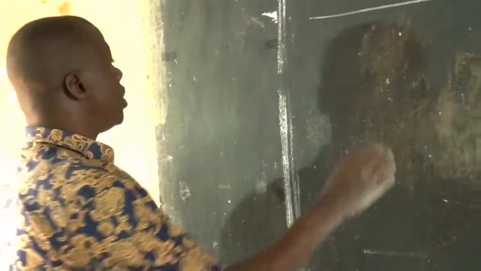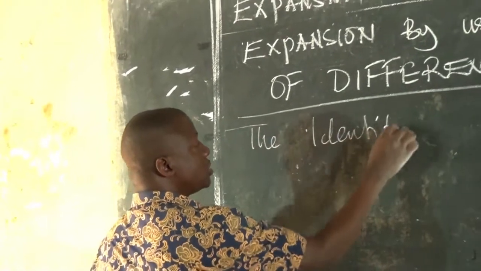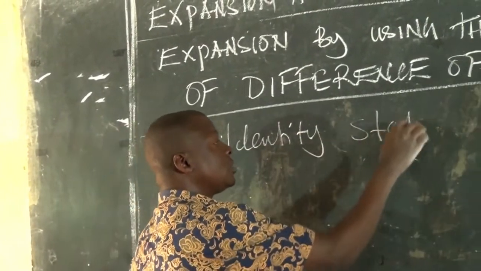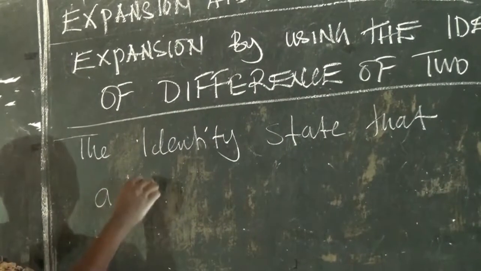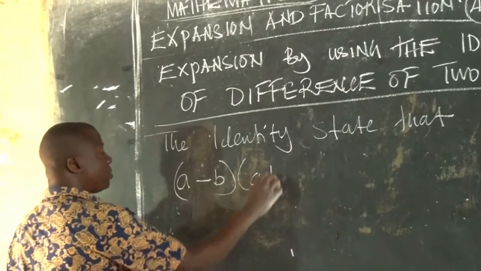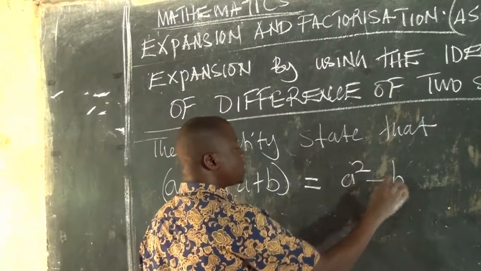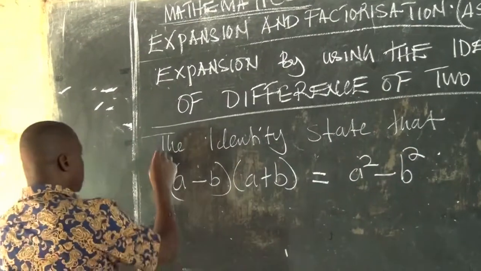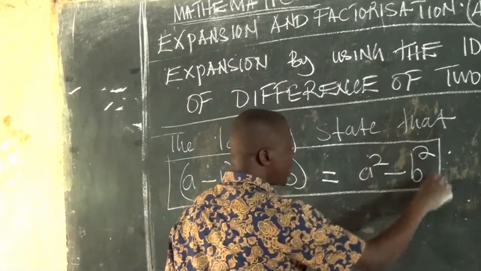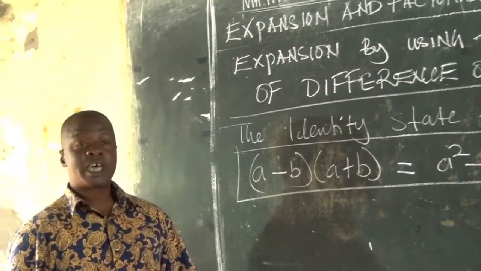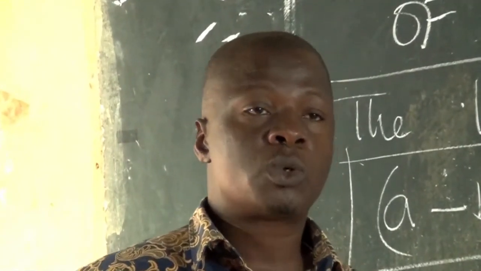We see that the identity states that a minus b and a plus b, the answer is a squared minus b squared. So whenever you see similar elements within two brackets by different signs, that's what we call difference of two squares.